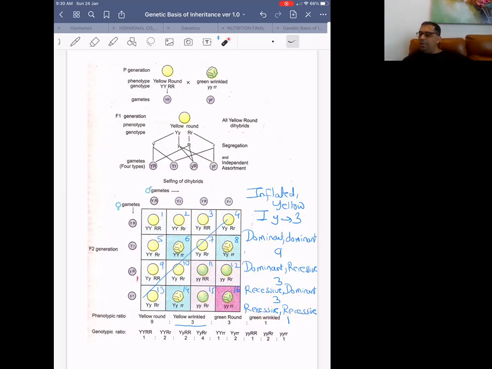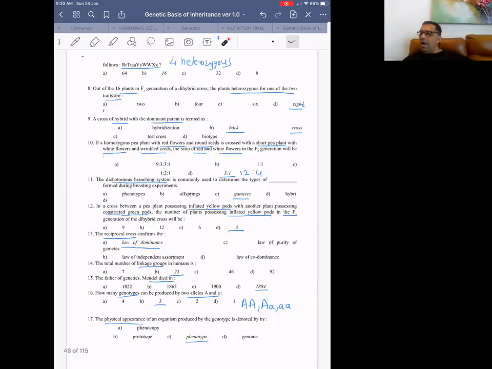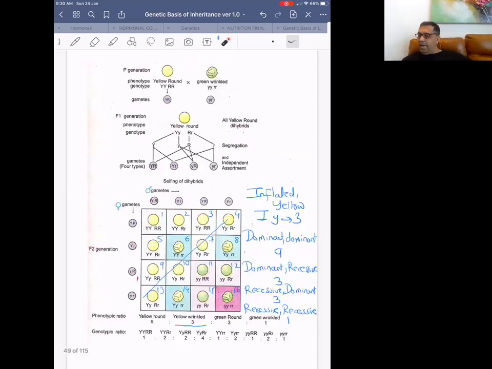So if you go back to that numerical, you have red and round crossed with white and wrinkled. So how many will you get in the F2 generation? You will get red and round 9. Red and wrinkled, 3.